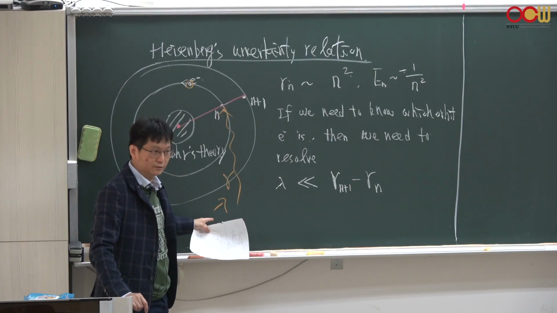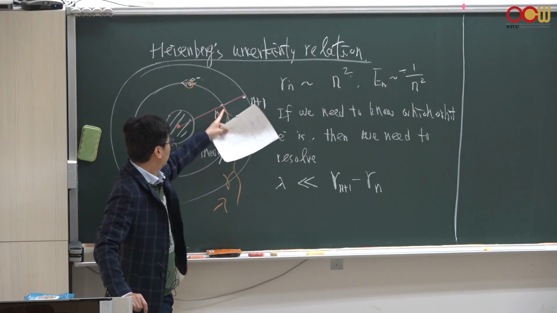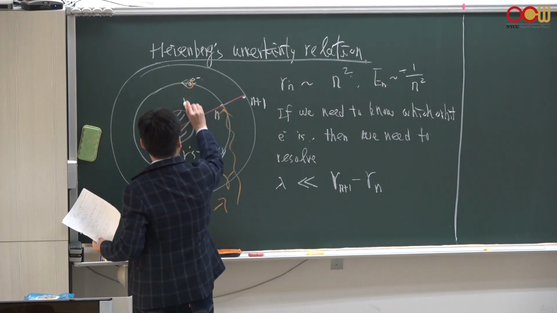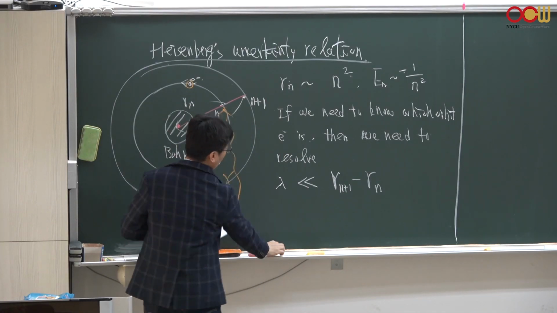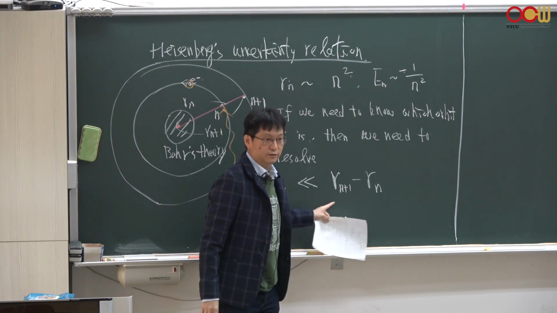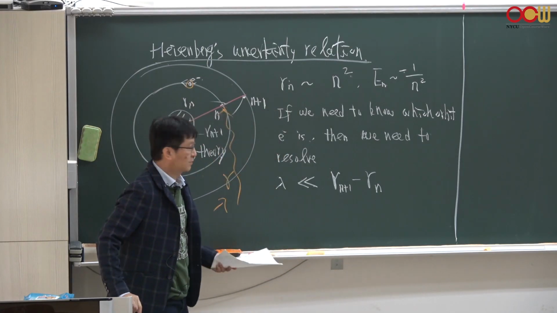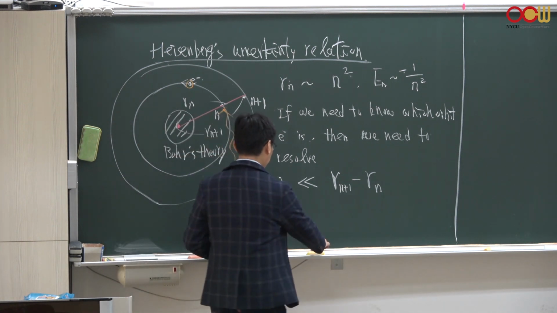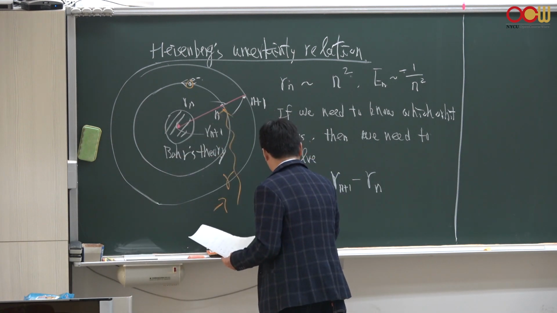But the wavelength to resolve the distance between Rn and Rn plus 1 should be much shorter than the difference between these two. This is the spatial resolution.